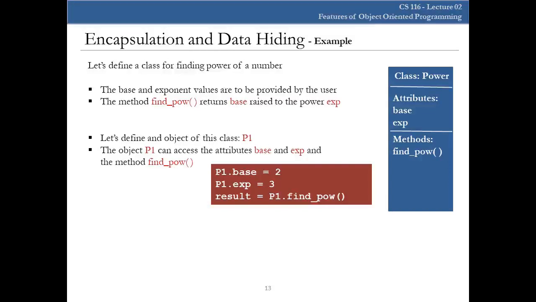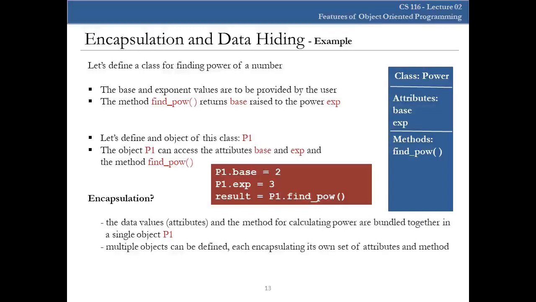Now, where is encapsulation? Actually, what we are doing here is we are tying these two attributes, base and exp, and this method find power with this object p1. This is encapsulation, right? You cannot access these attributes or this method without instantiating an object of this class.